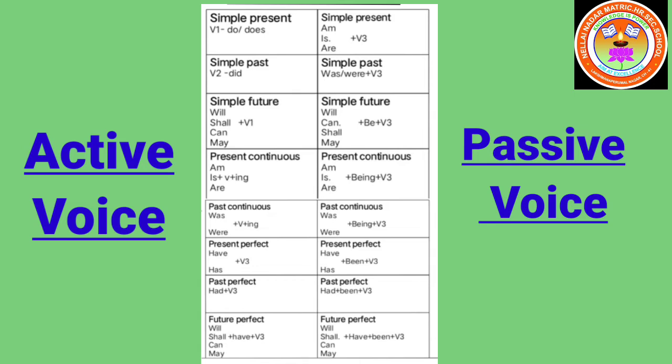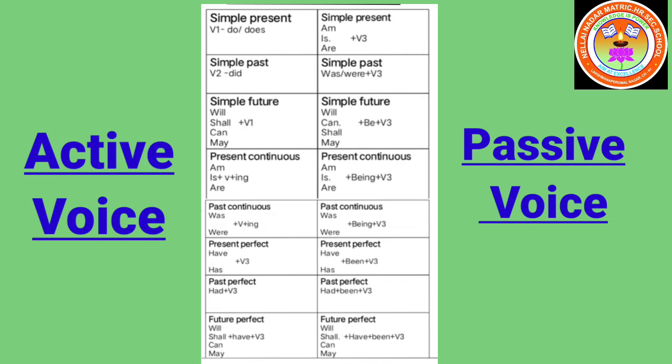Then in passive voice, we have to retain the tense, but the importance should be changed. So how can we give importance to a verb? When we change the verb into the third form of the verb, we can give importance, but we should not change the tense. So for that, we use the present tense be form, like am, is, are.